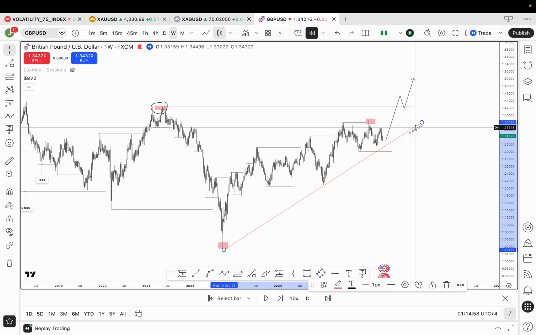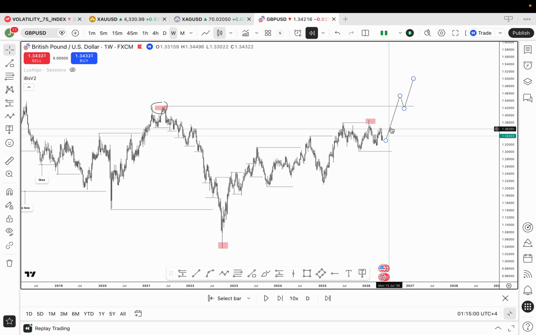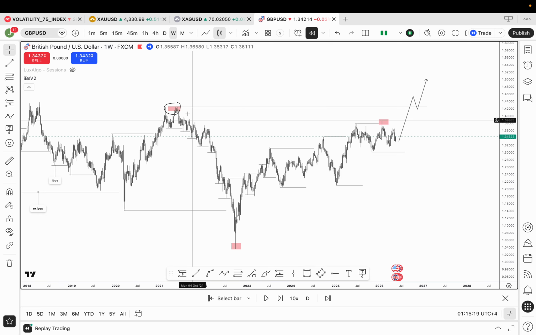So that simply means that we are on a pullback internally. Do you get the point? So this is a low from here, and this low led up to the break of structure because the high that broke this low was from here down to this place. Do you get it? So you need to know the structure itself so that you can align with the market.